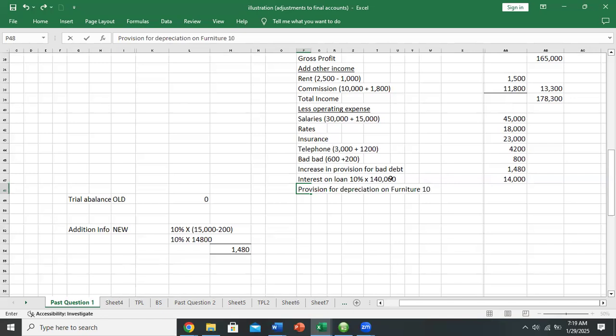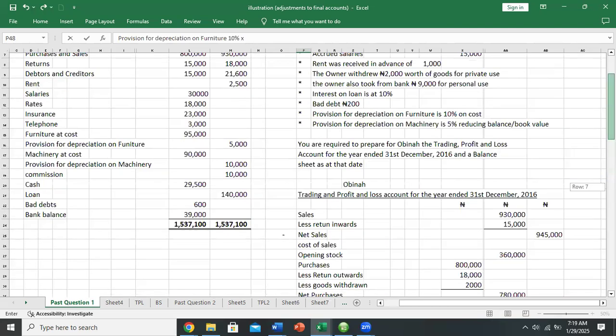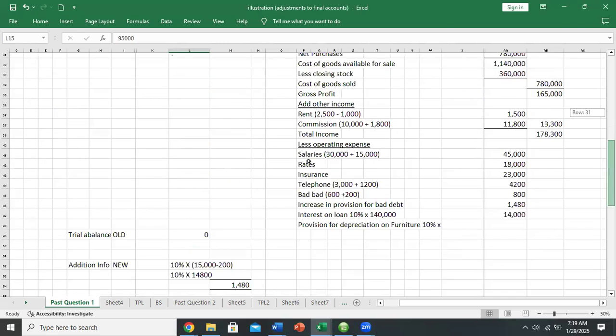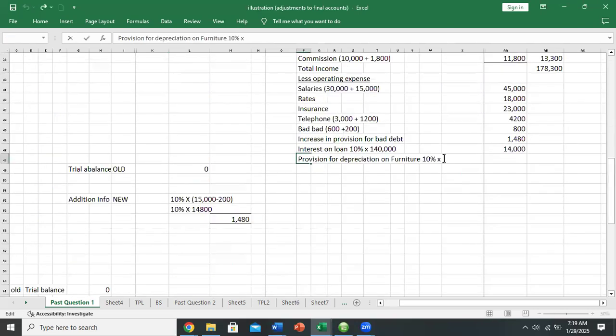So 10% multiplied by the cost of furniture. And please, when you are picking the cost, be very careful. Come to the debit side. That's where you find the cost. Some questions make it easier by adding it, cost. So there you have it. Furniture at cost, 95,000. You put that figure. You do your calculation, you have your provision. So that will be 9,500, 10%.